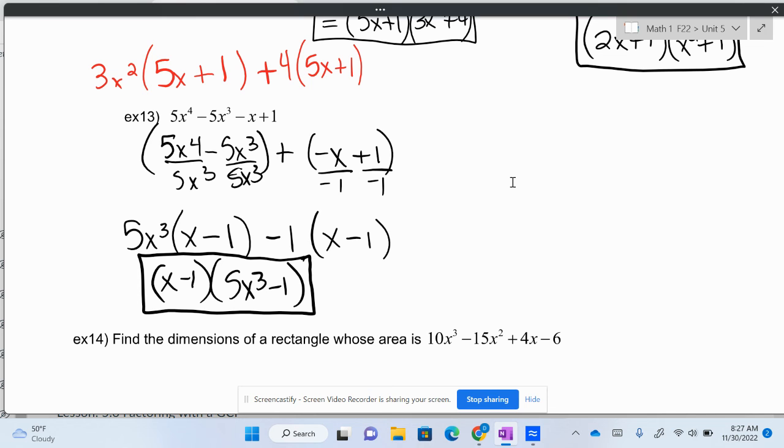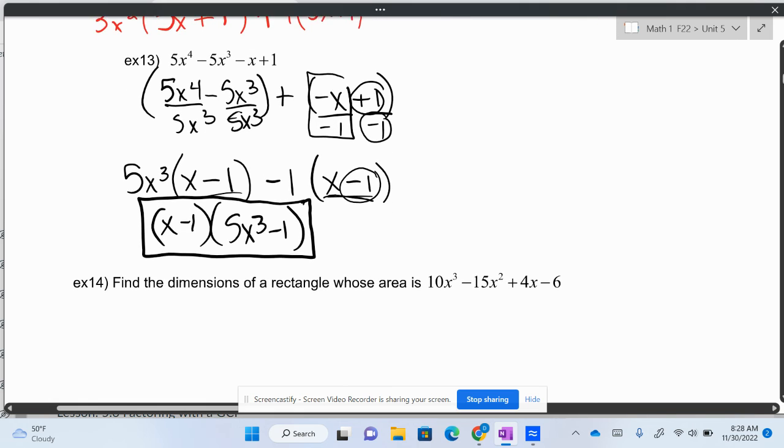A negative x divided by a negative 1 is a positive x, but a positive 1 divided by a negative 1 is a negative 1. That gives me that same term. You have to have a repeated term, like that binomial has to repeat itself in the middle, or you have not factored it properly. Does that make sense?